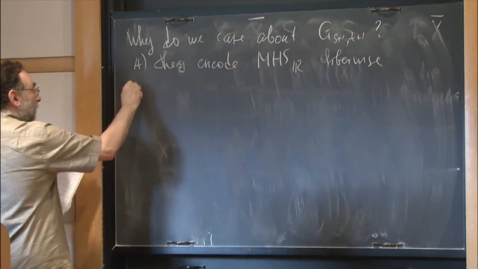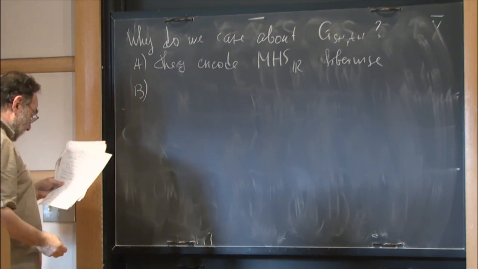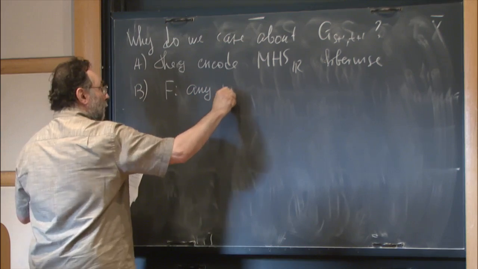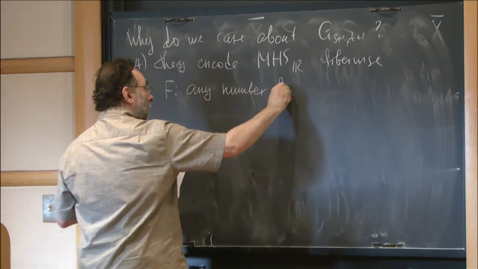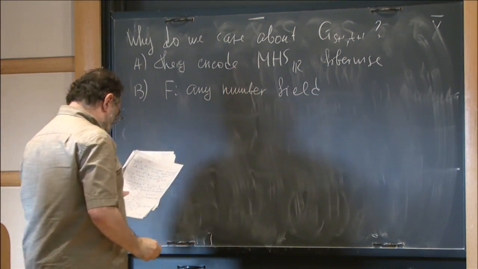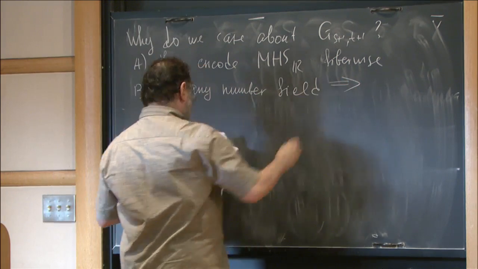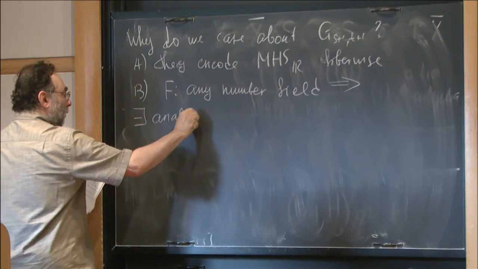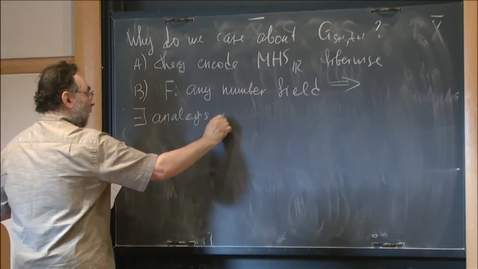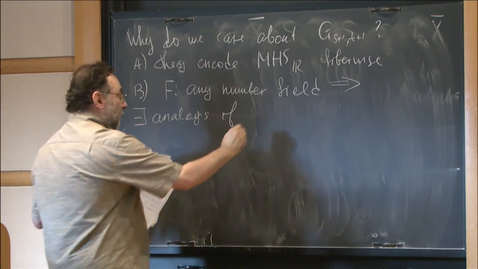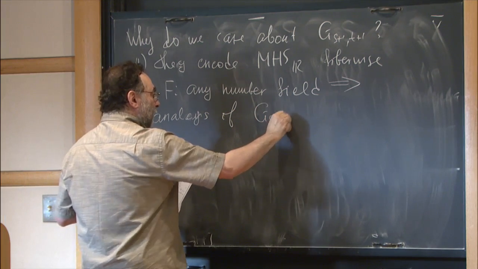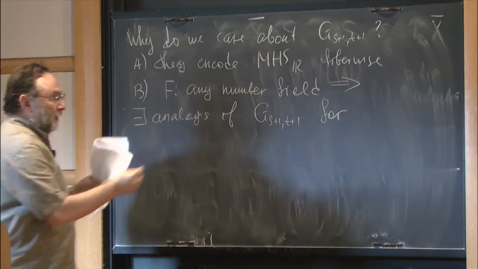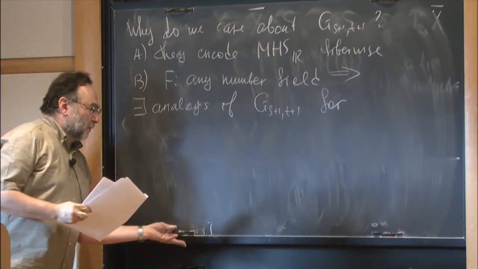But the second condition is this: if you take F, any number field, then there exist direct analogs of these GST guys for the following specific manifold.